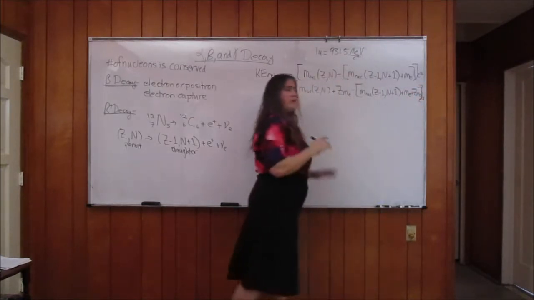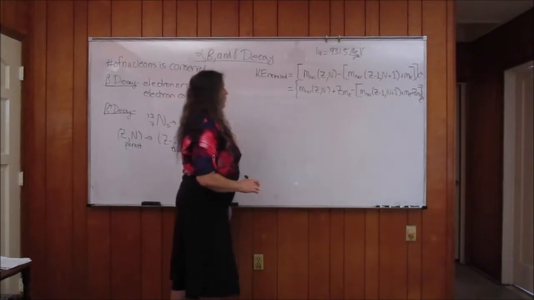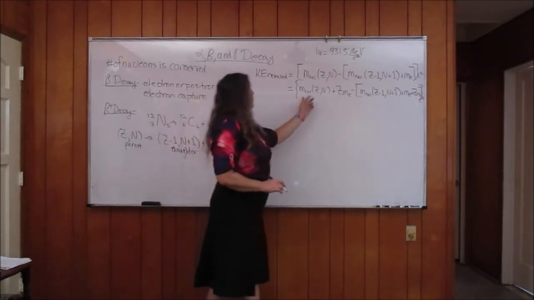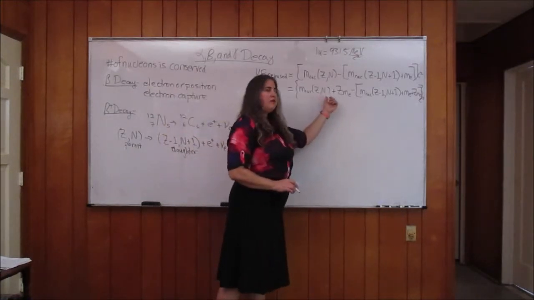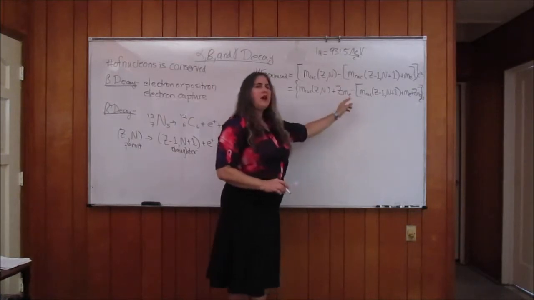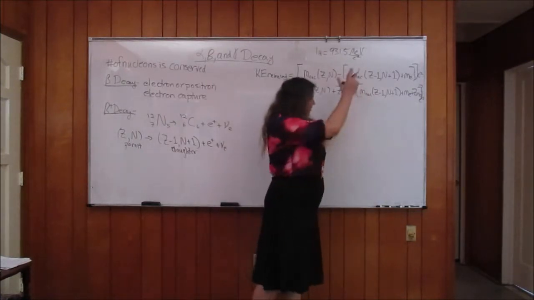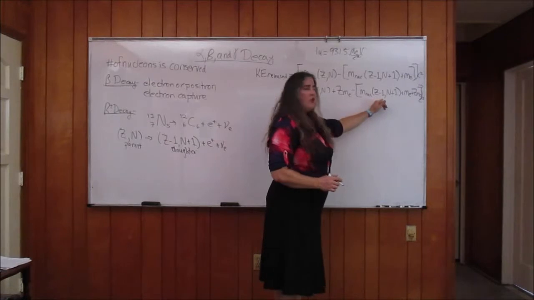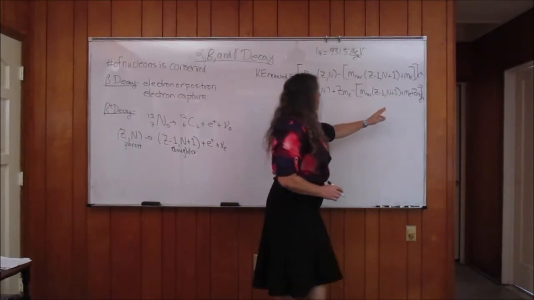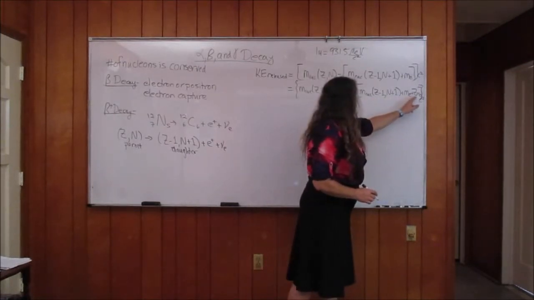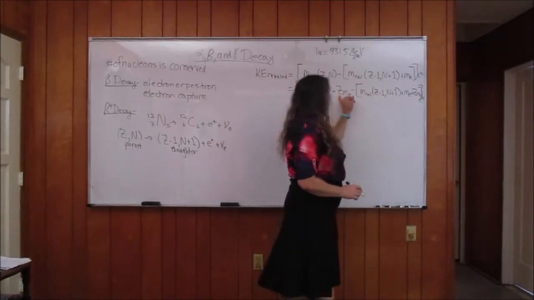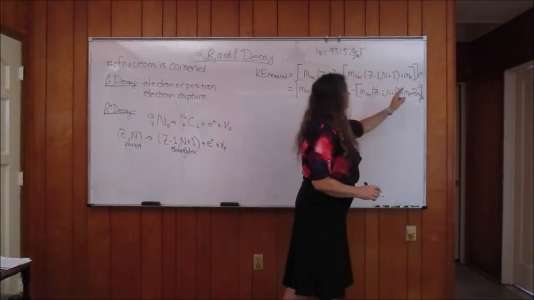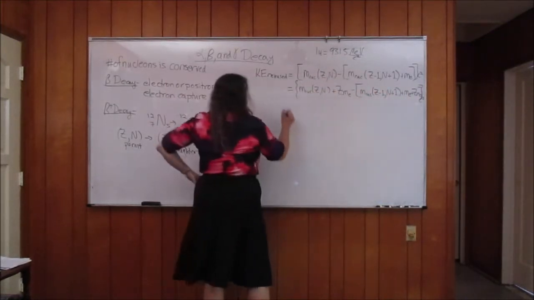There is a c squared on the right-hand side, so I'll just read this off. This is the mass of the nucleus, Z, N, plus Z times the mass of the electron, minus, in brackets, the mass of the daughter nucleus, Z minus 1, N plus 1, plus the mass of the electron plus Z times the mass of the electron. So all we're doing is adding Z times the mass of the electron and subtracting it off.